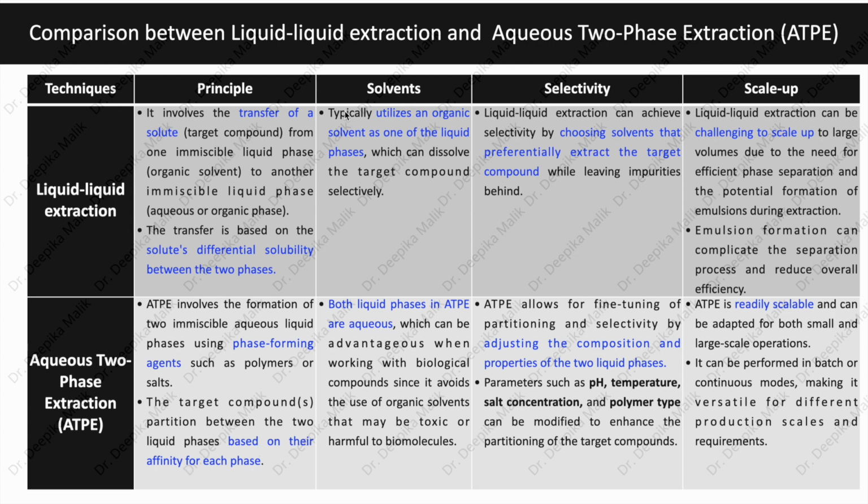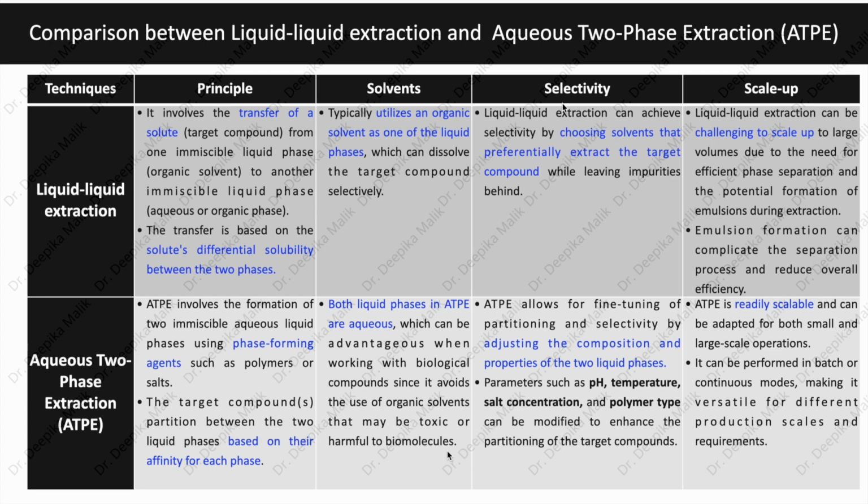Liquid-liquid extraction typically utilizes an organic solvent as one of the liquid phases, which can dissolve the target compound selectively, whereas both liquid phases in aqueous two-phase extraction are aqueous, which can be advantageous when working with biological compounds since it avoids the use of organic solvents that may be toxic or harmful to biomolecules.